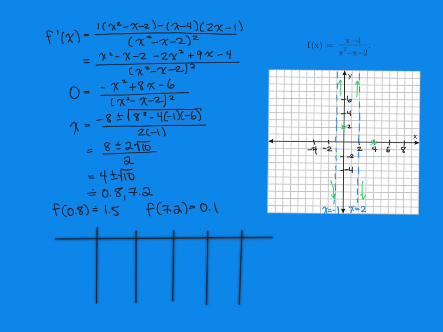So we're going to set up our interval chart here. And we, of course, have to care about the asymptotes as well.